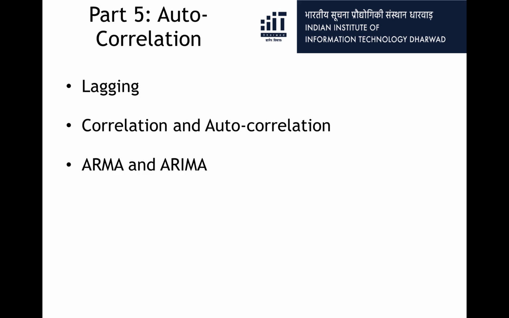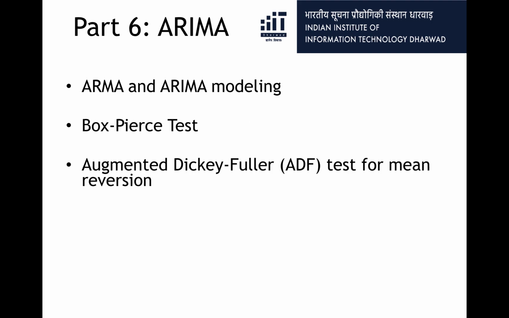In the fifth part, we switch gears and get to the second major method for doing time series analysis based on the idea of autocorrelation, and we will develop the models for doing time series analysis, things called ARMA and ARIMA and so on. And in the sixth part, we will look at ARIMA in greater detail, and we will actually carry out ARIMA modeling on example data sets using packages in the R language.